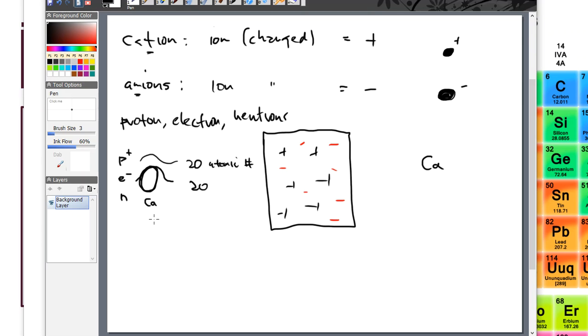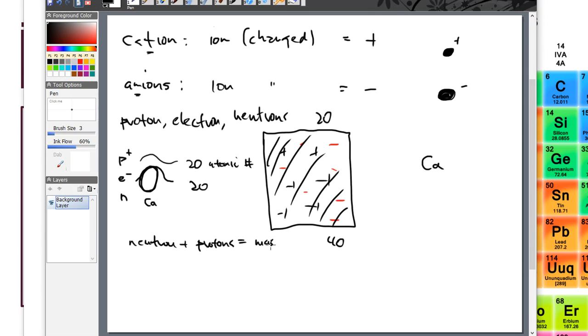But the number down here at the bottom of the block, right? The atomic number 20 was up here at the top. And then down here at the bottom, if this was the block of the atom that I'm looking for, that's a 40. We rounded it off. So neutrons and protons give us mass according to the atom.